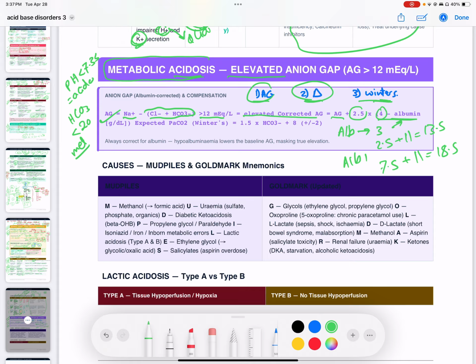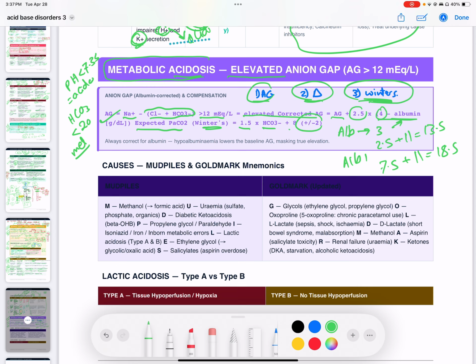Number three is the Winter's formula, which calculates the expected compensation of the PCO2. So Winter's formula calculates the expected PaCO2. It's 1.5 multiplied by HCO3 plus 8, and you give it a range of plus or minus 2.